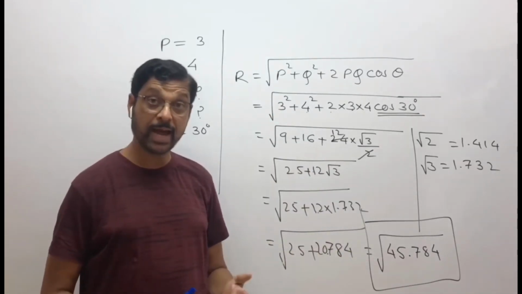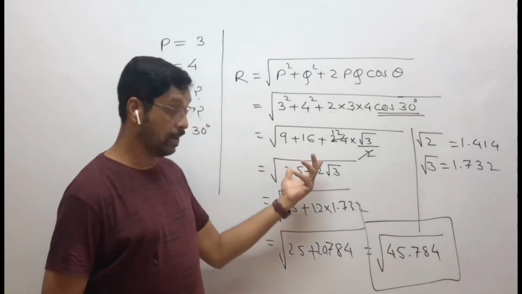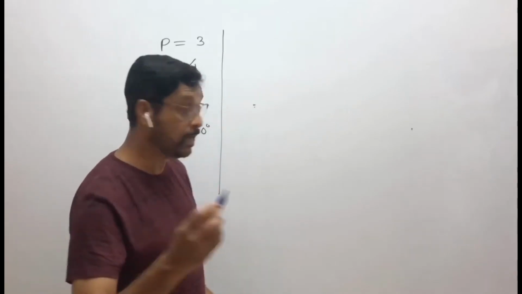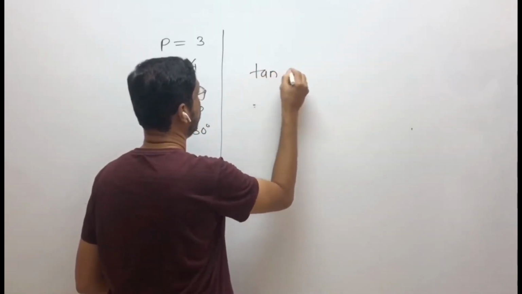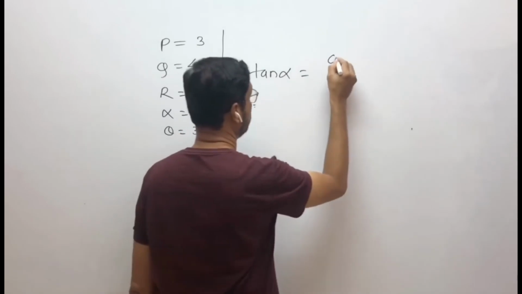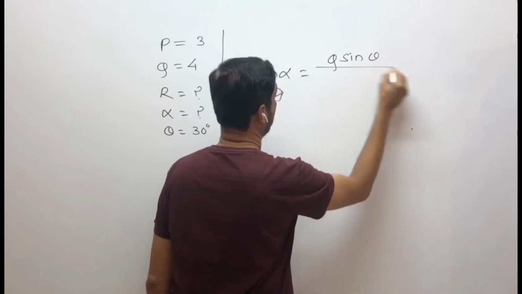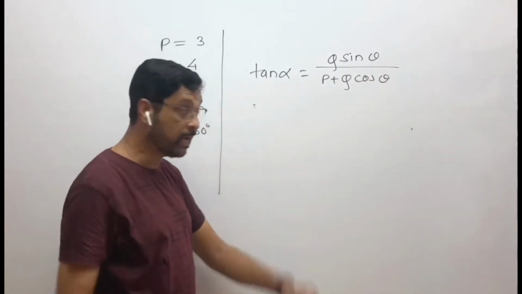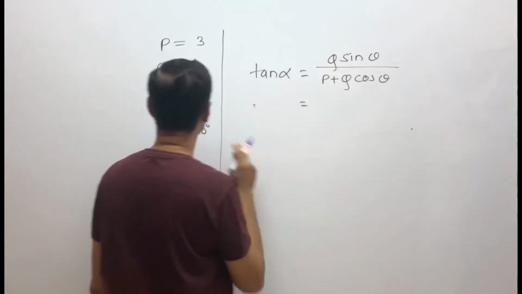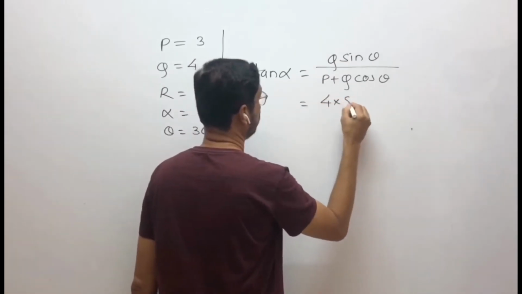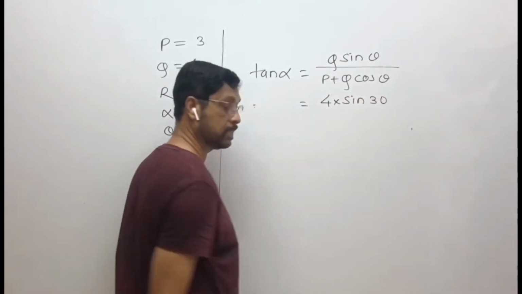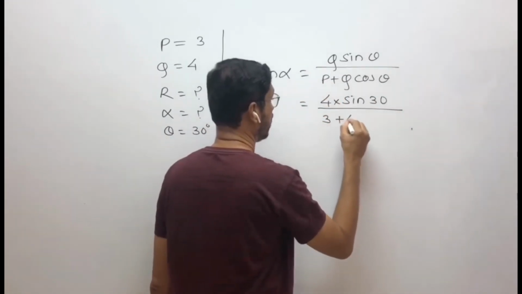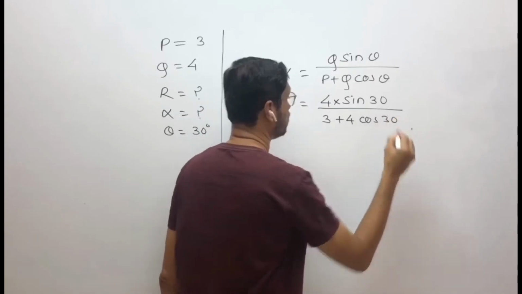Then you have to find the direction of resultant R. Direction means you have to find alpha. So for calculating alpha, we use the formula tan alpha is equal to Q sine theta upon P plus Q cos theta. That is our formula. That is equal to Q is 4 into sine theta is 30 degree upon P is 3 plus 4 into cos of 30.